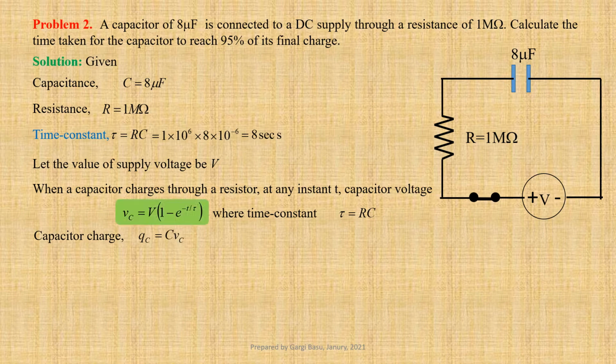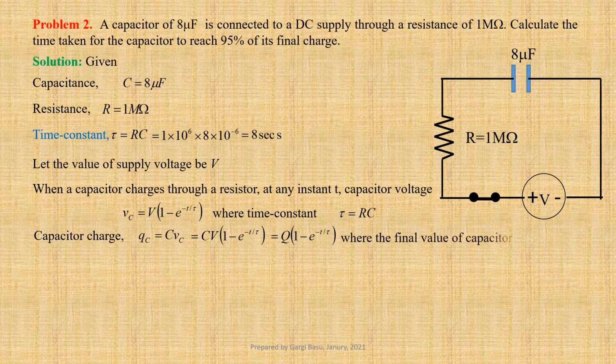Using the expression for Vc, we get Qc equals C into V into 1 minus e to the power minus t by tau, that is equal to Q times 1 minus e to the power minus t by tau, where final value of capacitor charge Q equals C into V.